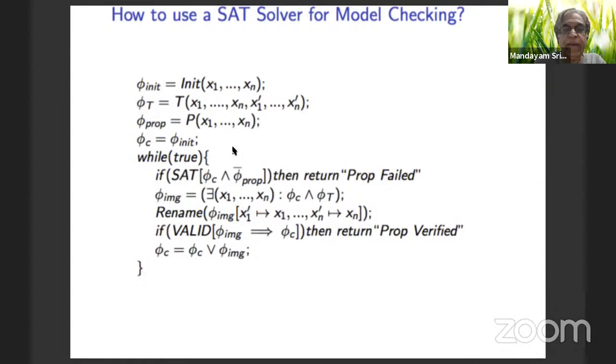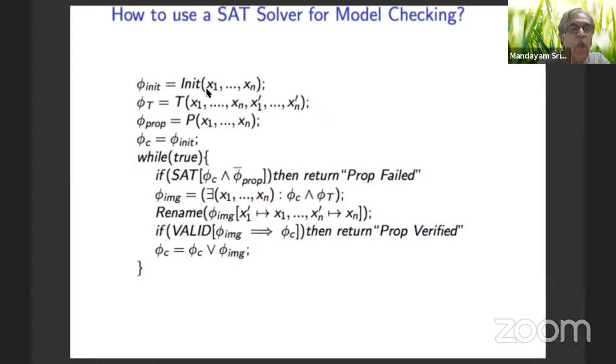This is an algorithm for accumulating all the reachable states, starting from the initial set of states, which is what you do when you do a forward fixed point computation. I've illustrated it for this, but you can see how this idea can be used in other places as well.